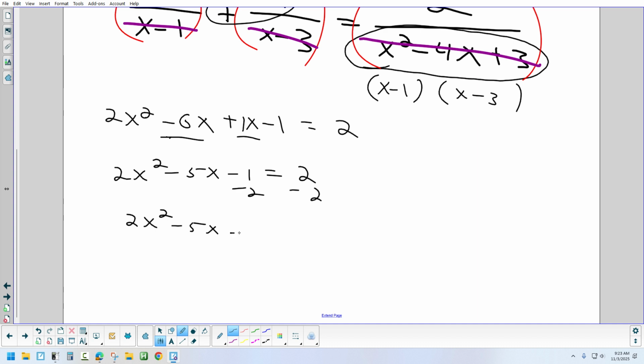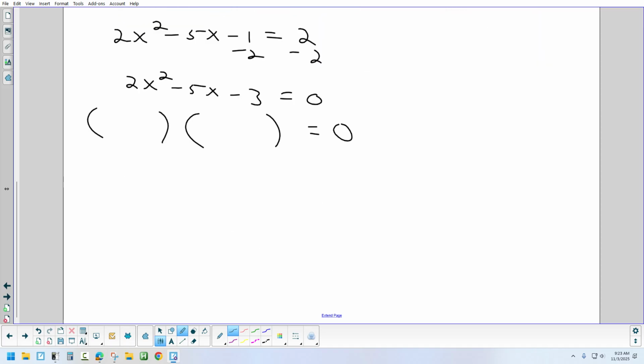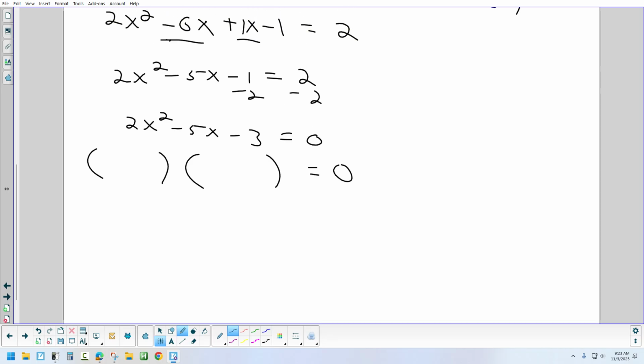And negative 1 minus 2 is going to give you negative 3. Okay. And let's see if we can factor it. What would have to be my first term in each parenthesis that I could multiply together to get 2x to the second?